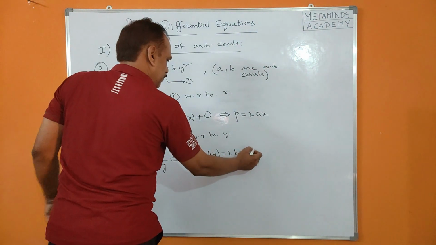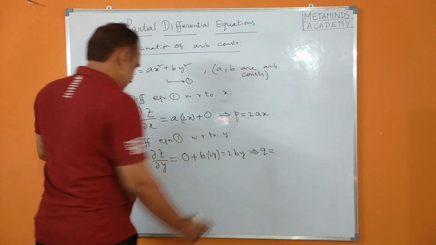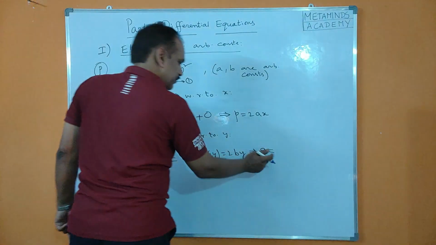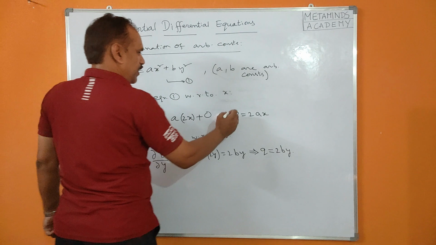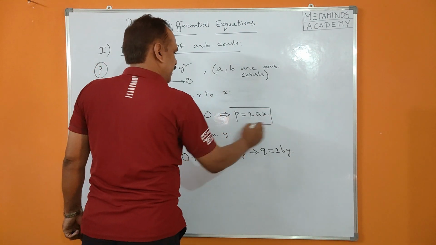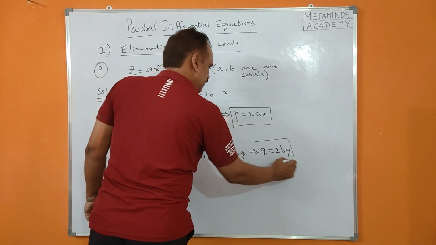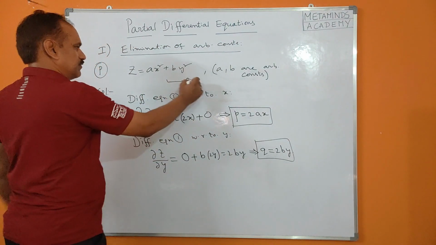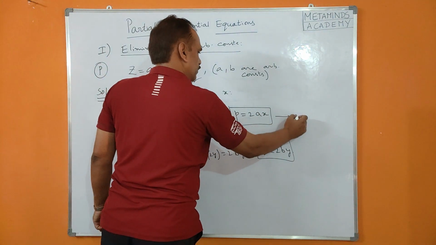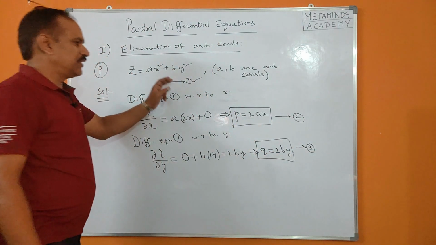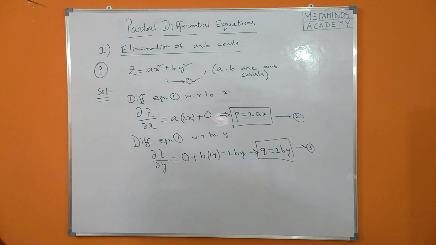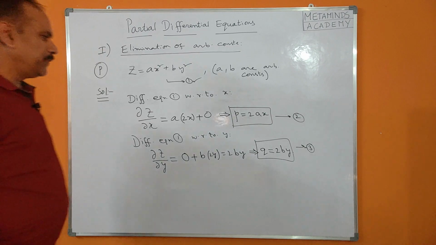So q equal to 2by, because dou z by dou y is denoted by q. Now our objective is to eliminate a and b from these three equations, 1, 2 and 3.